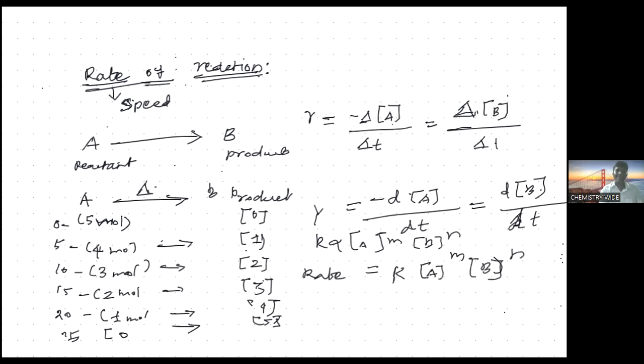Here K is the rate constant, and m and n are the order of reaction with respect to A and B.